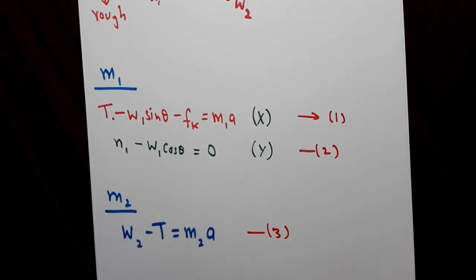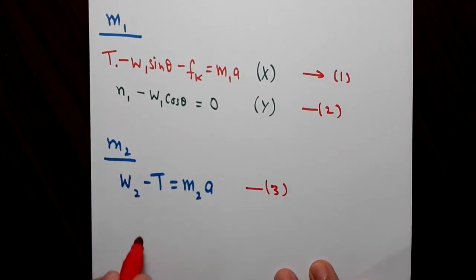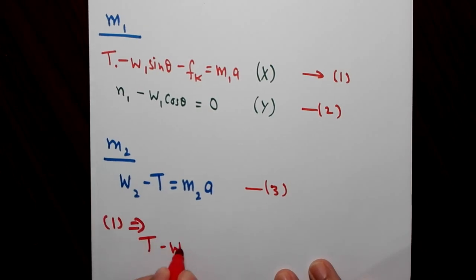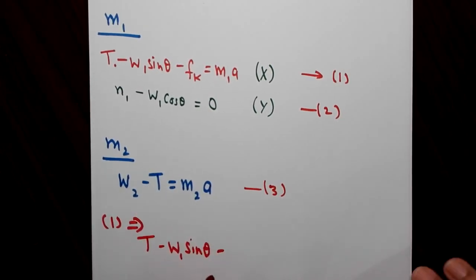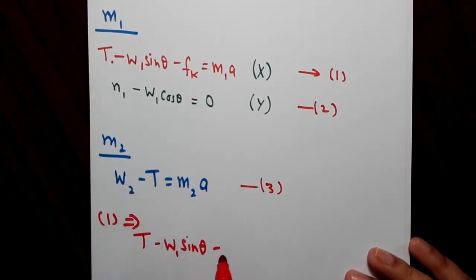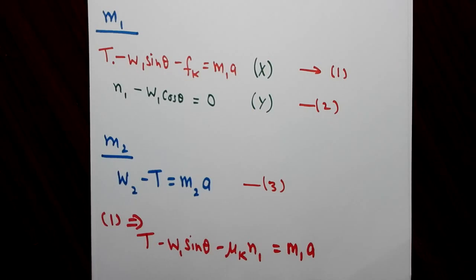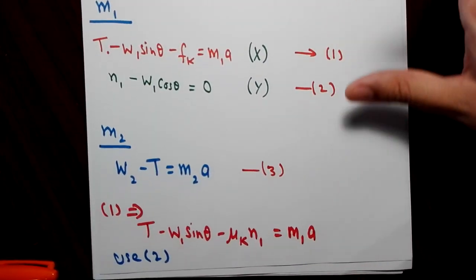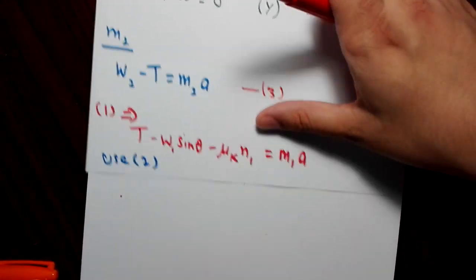Let's look at equation 1 first. So now let's solve 1, 2, and 3. Equation 1 is T minus W1 sine theta minus, now the kinetic frictional force is mu k, the coefficient of kinetic friction, times the normal force N1, equals M1 times a. Now you can see from equation 2 that we can plug it into 1.